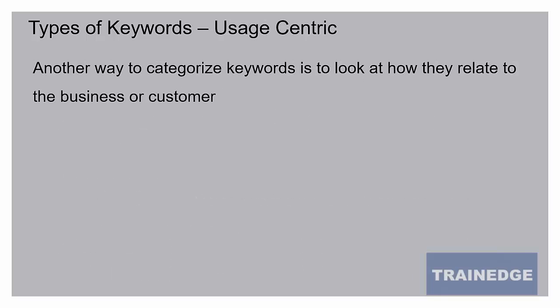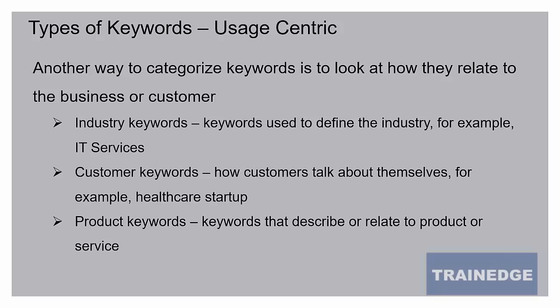Another way to categorize keywords is to look at how they relate to the business or customer. For example, industry related keywords are keywords that are used to define the industry, for example, IT services. Then there are keywords used by the customers, how customers talk about themselves.